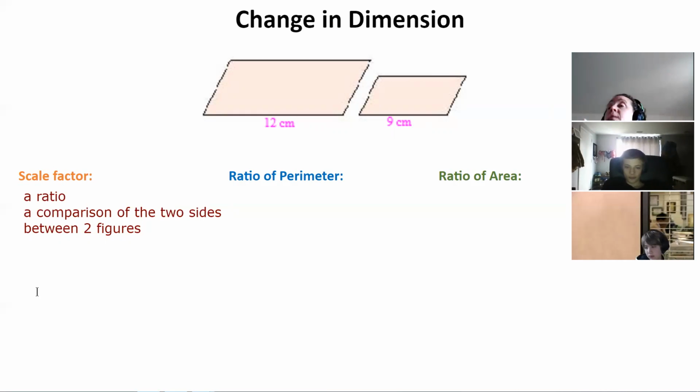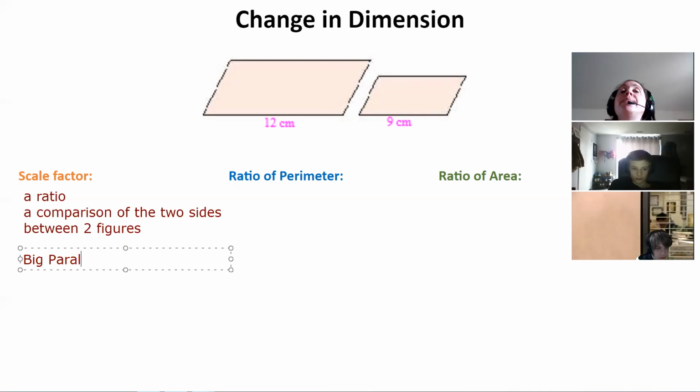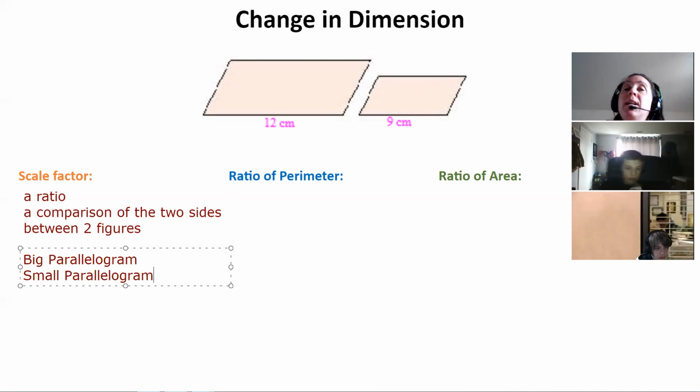It's either 9/12 if you compare the small to the big, which you can, or if you go big to small. I always start with whatever's on the left and compare it with what's on the right. That's how I do it. Although, you know, you're not wrong. And Math Excel will tell you which way they want you to structure it. So if we compare the big parallelogram to the small parallelogram, then you get a ratio.